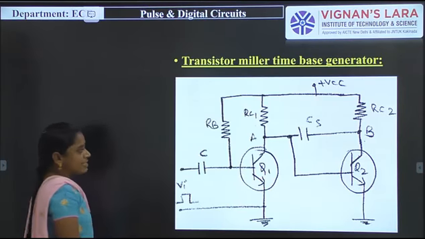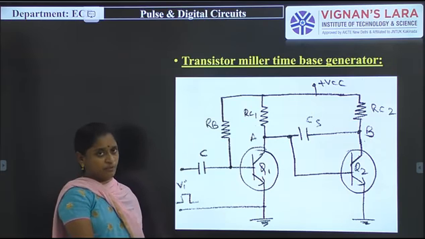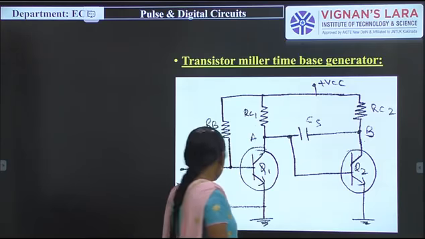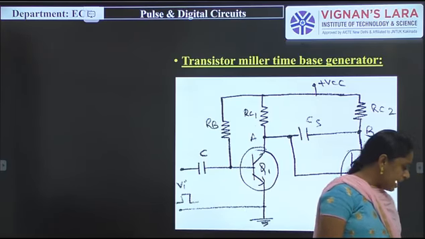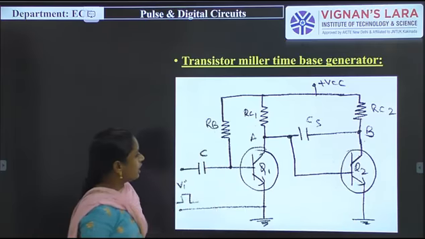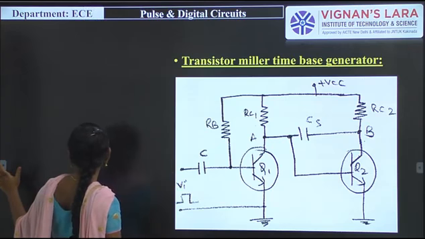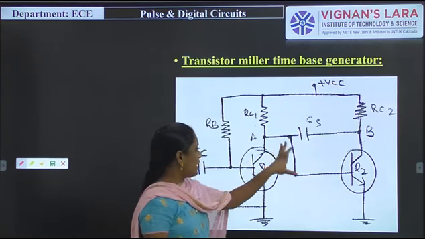So the Miller circuit. As we know, the Miller circuit has a gain equal to infinite, and this is the circuit diagram. Coming to the circuit point of view, it consists of two transistors Q1 and Q2.